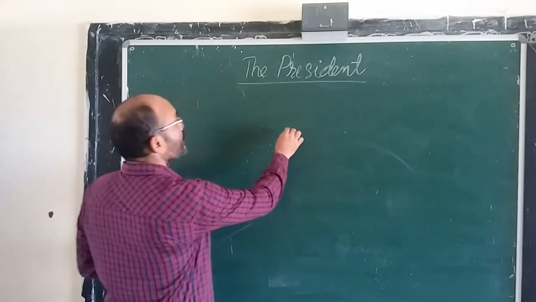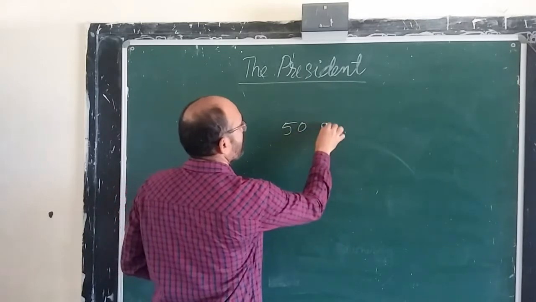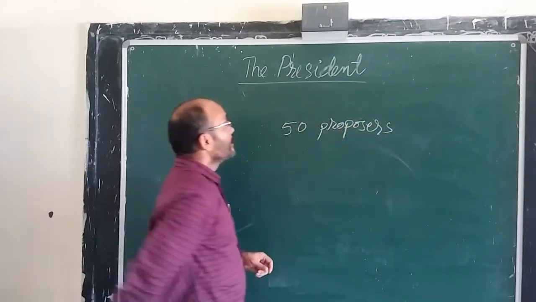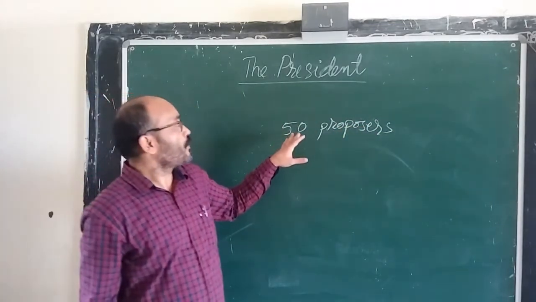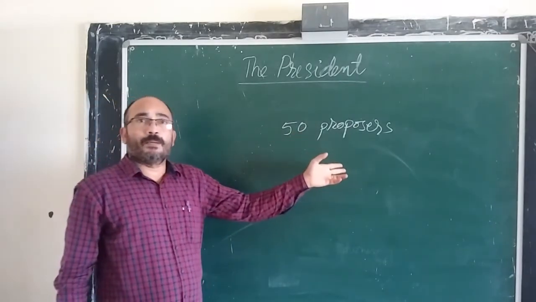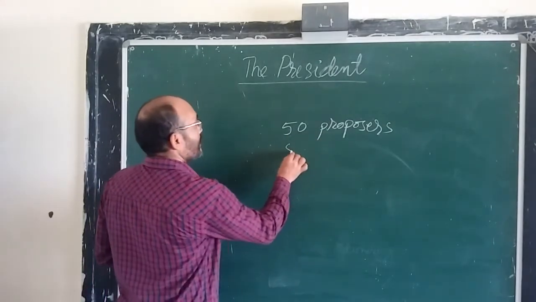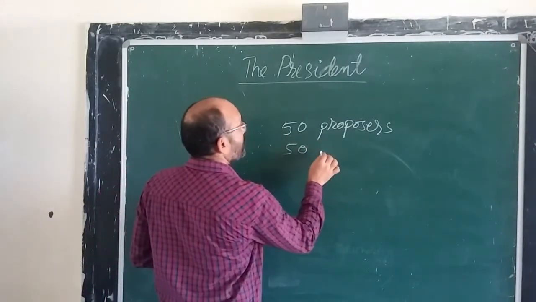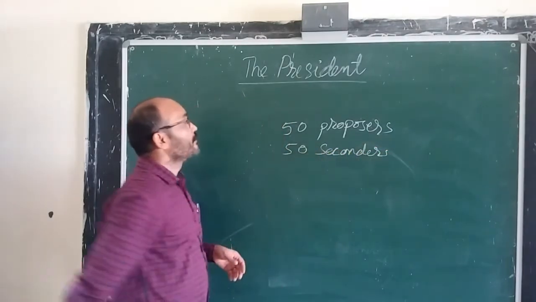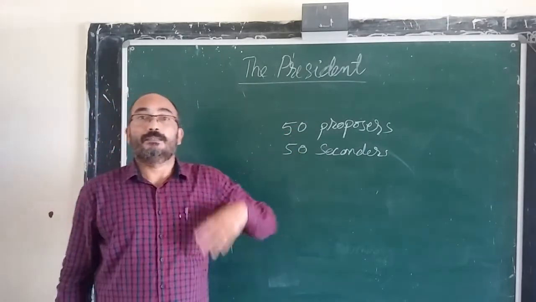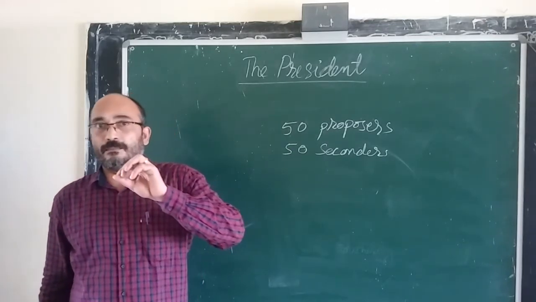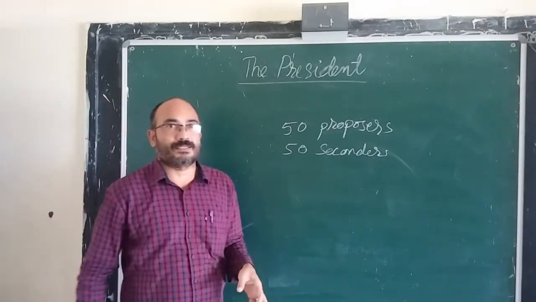Okay, 50 proposals are needed, and another 50 members must support, that means the seconders. If another 50 members support the proposal, then only that candidate can file the nomination letter for an election.